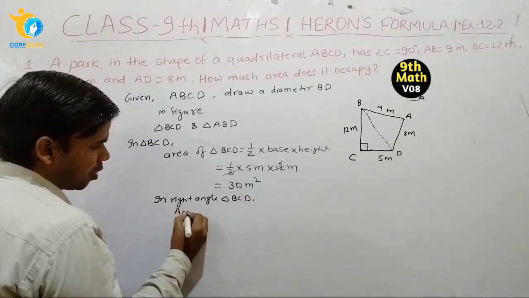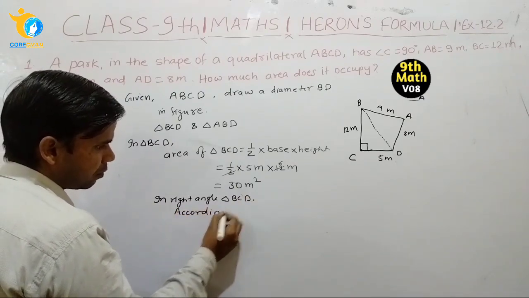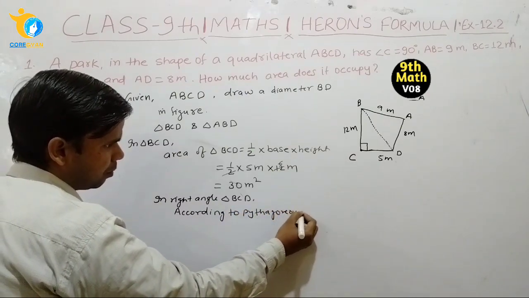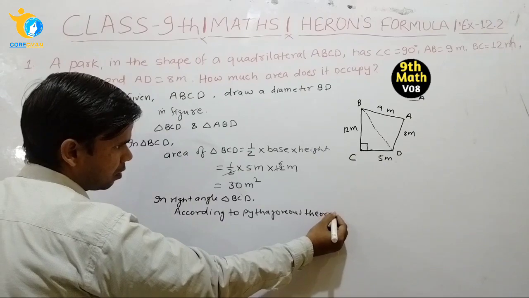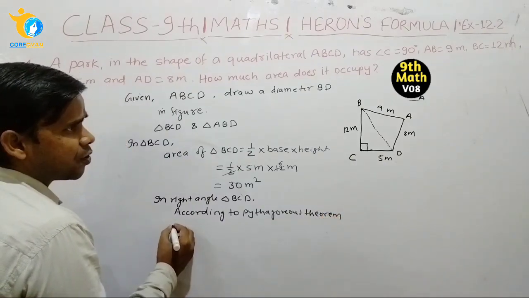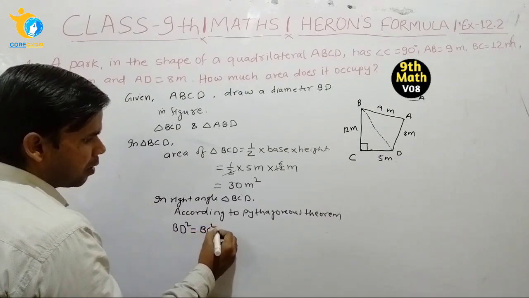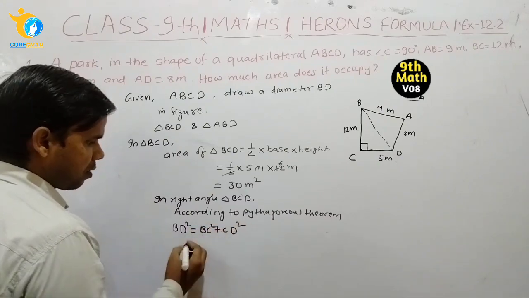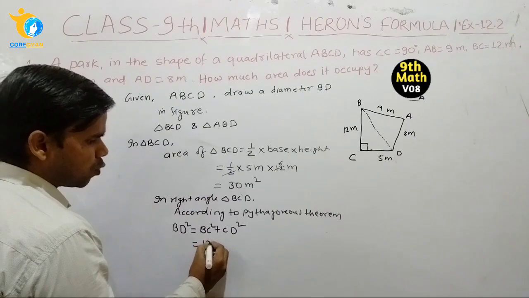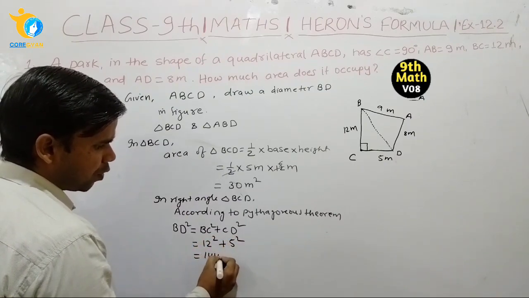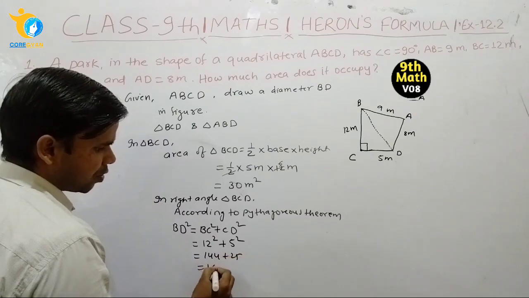According to the Pythagoras theorem, BD square is equal to BC square plus CD square, which is 12 square plus 5 square, that is 144 plus 25, which is 169.